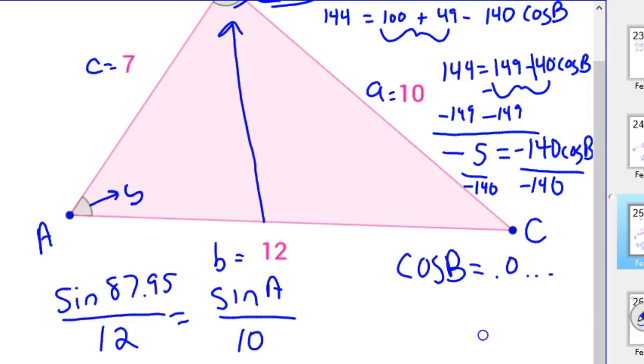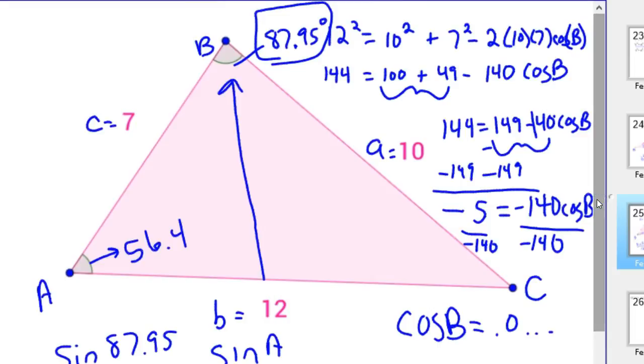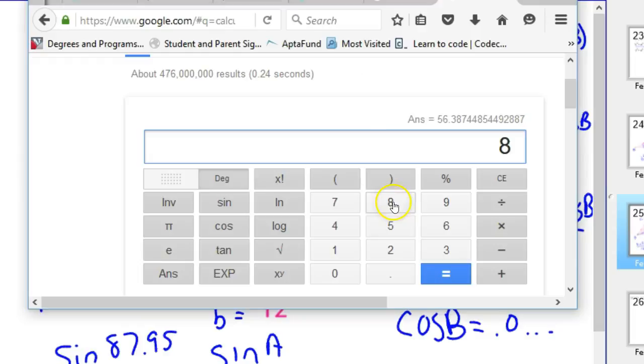So this angle is 56.4. And now it becomes a really simple problem of taking 87.95, really you could use 88 there, plus your 56.4 and subtracting that from 180.